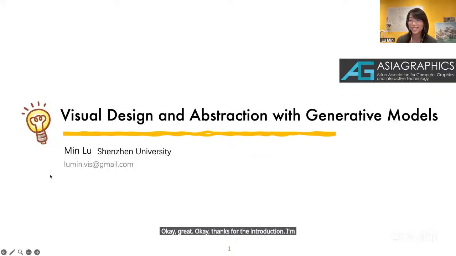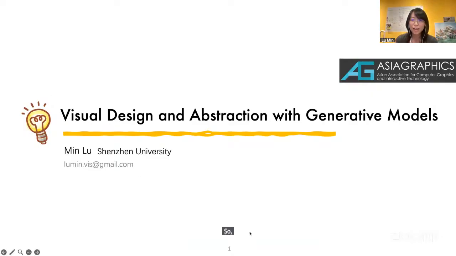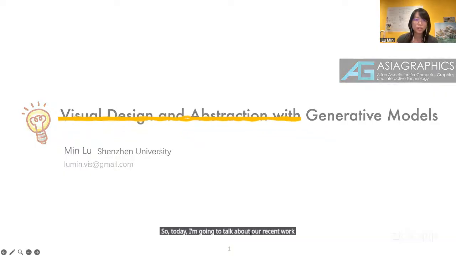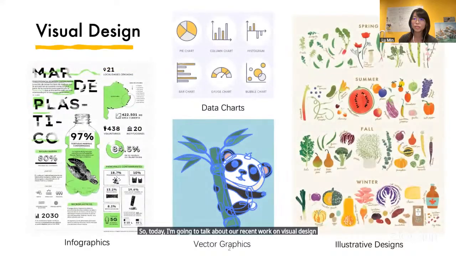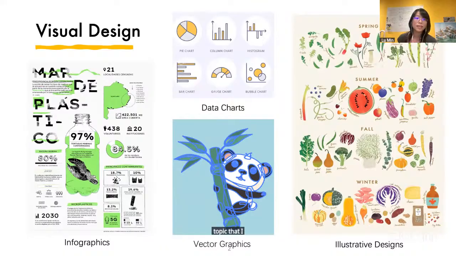I'm Mingru from Shenzhen University, and I'm really happy to give a talk here. Today I'm going to talk about our recent work on visual design. Visual design is my research topic, and I'm particularly interested in the design of infographics and data charts, which are my roots, where I used to do research in the visualization field.